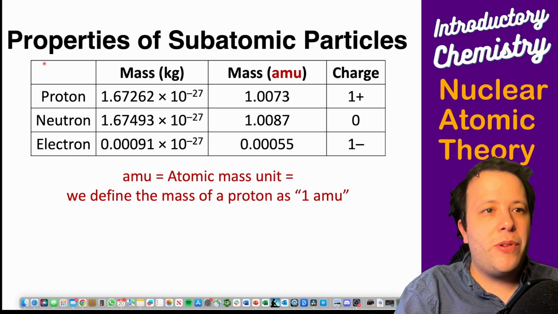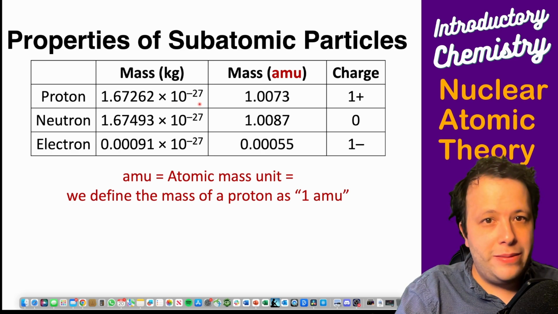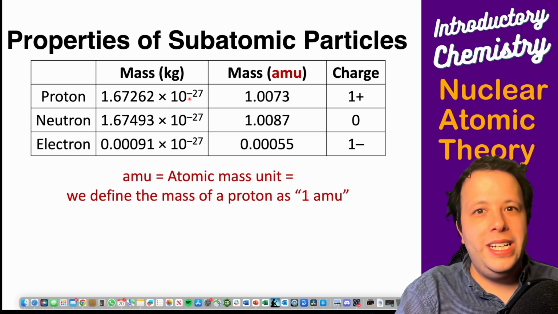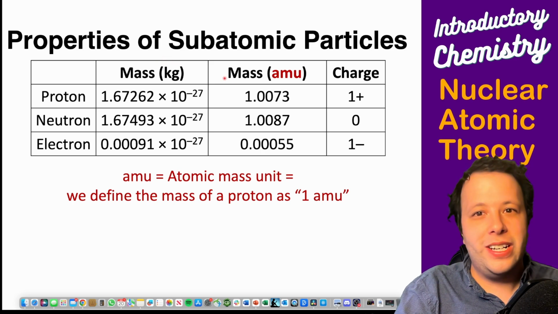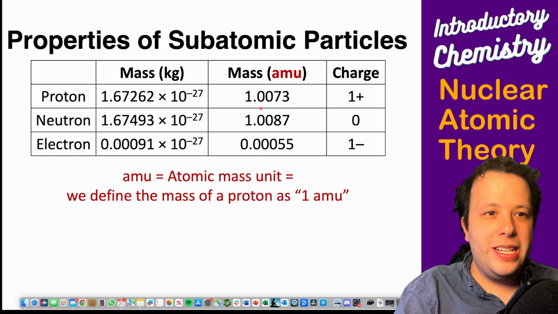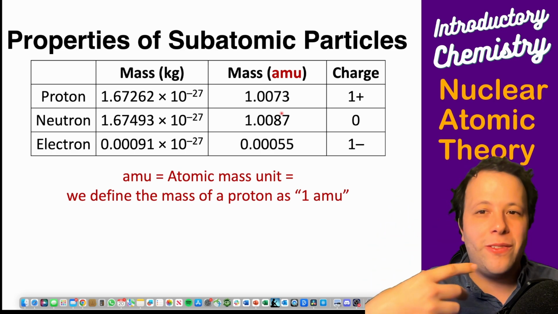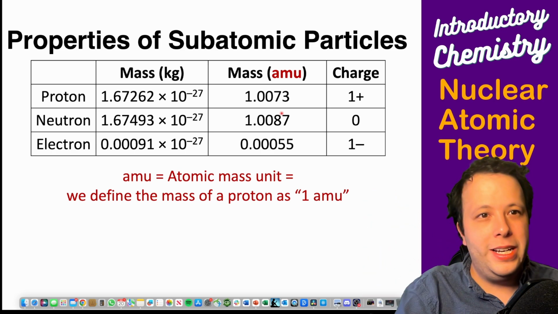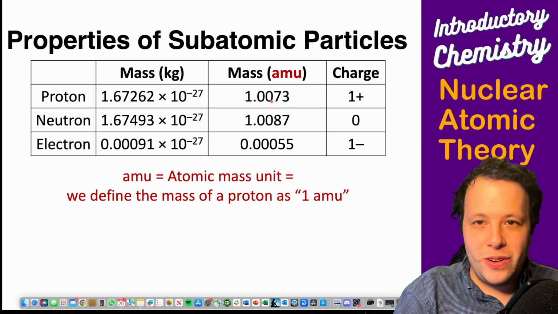Being that the protons, electrons, and neutrons, their mass and size is extremely tiny, they're 10 to the negative 27 kilograms. I don't want to write that every single time. So what scientists have done is to define a new system. Every proton is equivalent to 1 AMU, and every neutron is also equivalent to 1 AMU if you just use one sig fig. So when we're adding up masses, we just add up the protons and neutrons.